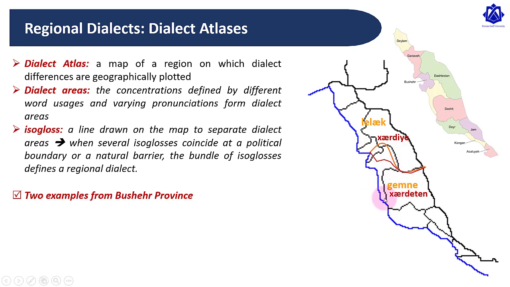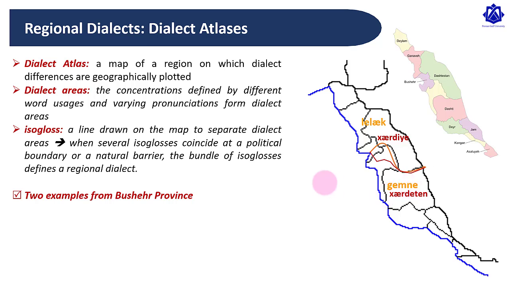But most people from that area and those in Dashtestan are using the other form. So that makes another isogloss, and you see that if we draw more and more isoglosses here, then you would see that there is a distinction between most Bushehri dialects and the dialects that are spoken in Dashti and by Tangestani speakers.